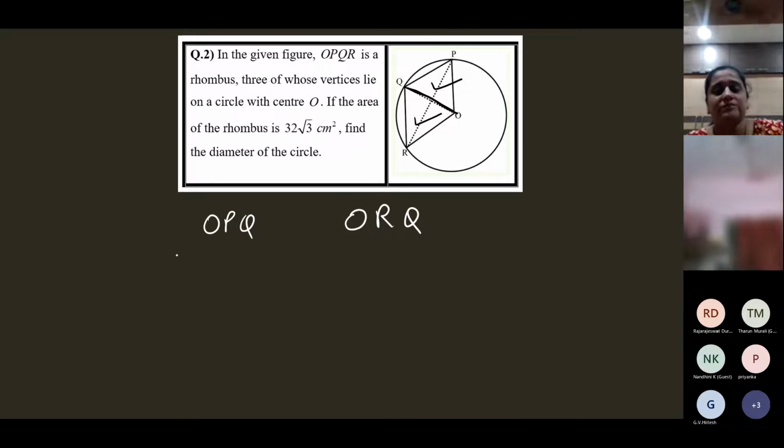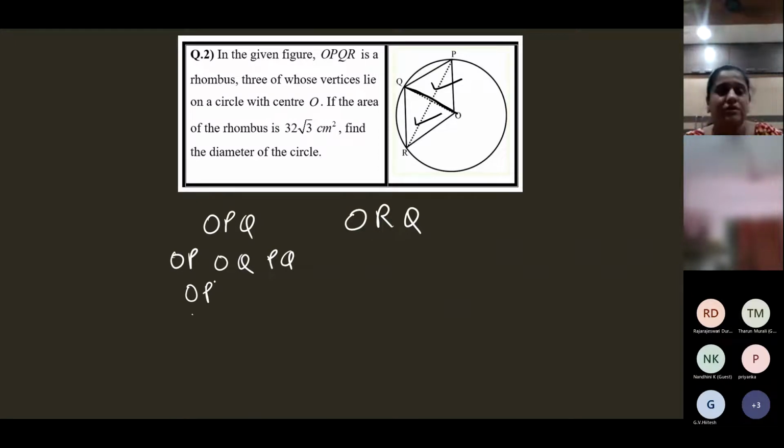OP, OQ, and PQ. Now, which is the radius in this? OP and OQ are the radius.